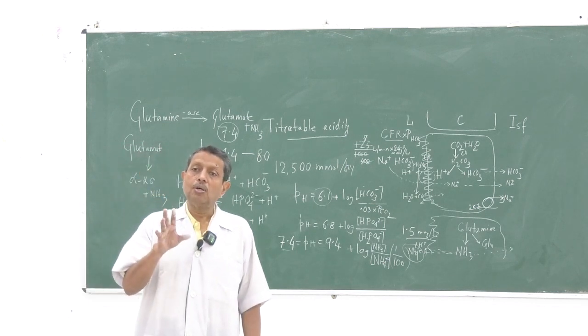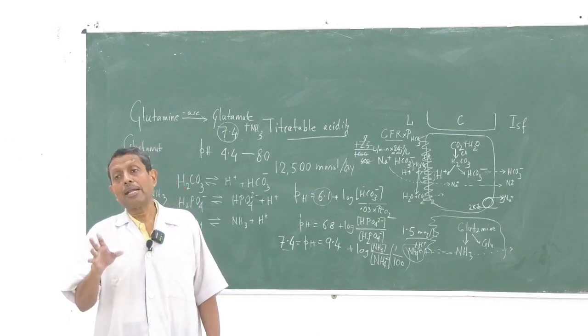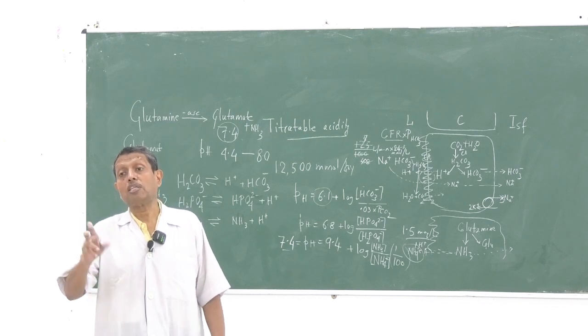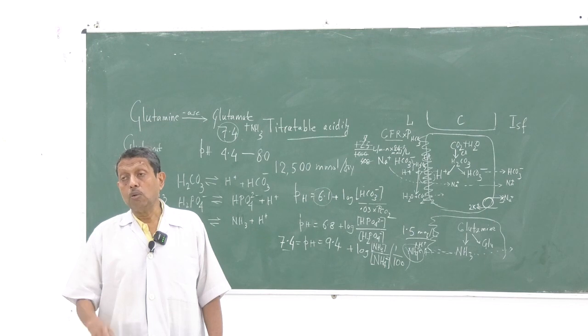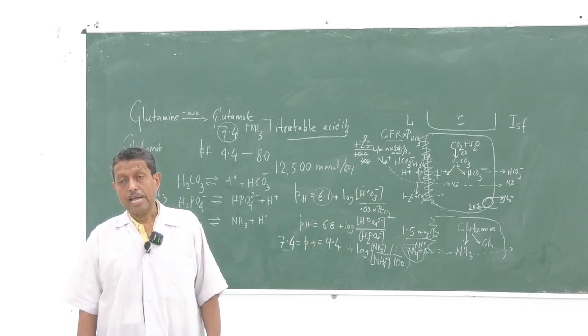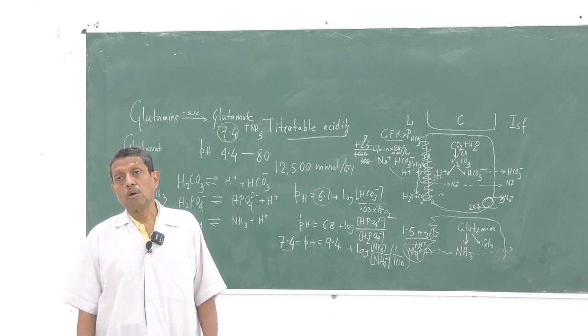The bicarbonate buffer's action is limited, and the phosphate buffer's action is limited, but the ammonia buffer has the property of adaptation. So during acidosis, much of the acid can be eliminated. Within days, there is an increase in glutamine production. More ammonium ion is available, and this buffer becomes more effective. Adaptation.